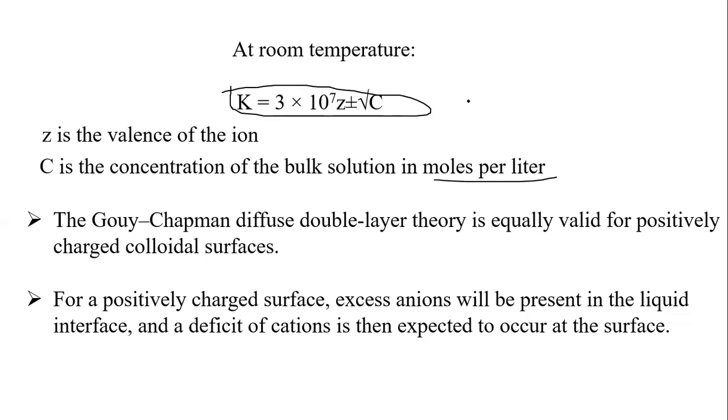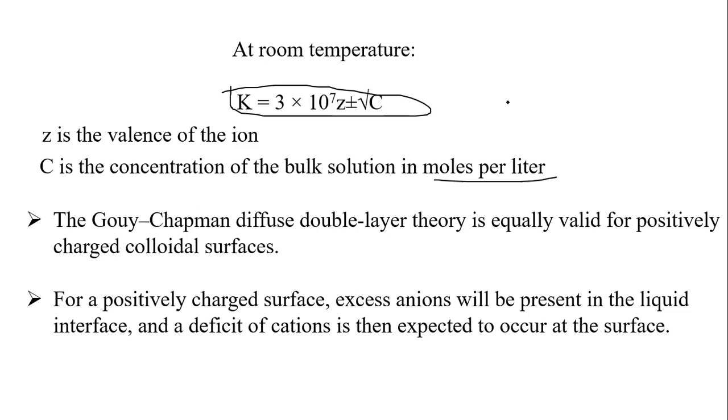The Gouy-Chapman diffuse double layer theory is equally valid for positively charged colloidal surfaces also. For a positively charged surface, the excess ions will be present in the liquid interface, and the deficit of cations is expected on the surface.